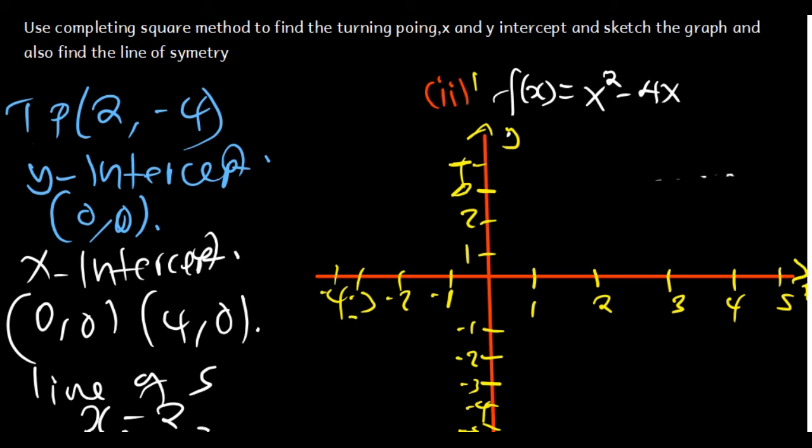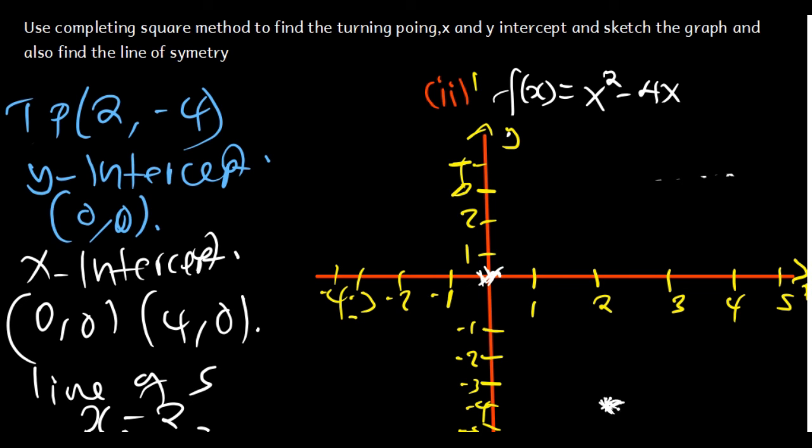Now from here I need to find the y-intercept, which is 0, 0. 0, 0 is this point. Then the x-intercept, again we have 0, 0. So it's going to be at the same point. Okay. Then the turning point is 2 all the way to -4. So it's this point here. That's the turning point.